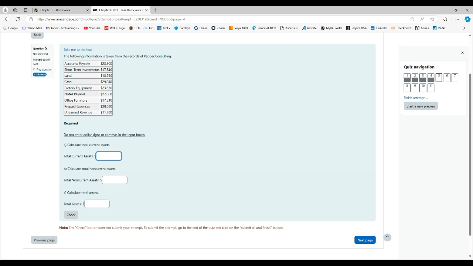Okay, so now what we want to do in this problem is separate out our total current assets, non-current assets, and then total assets overall.